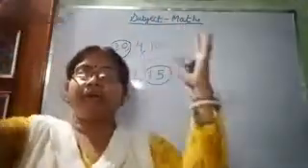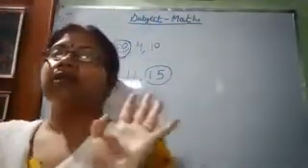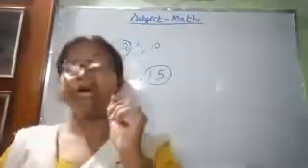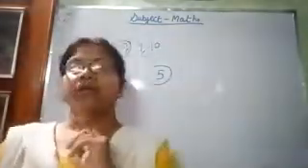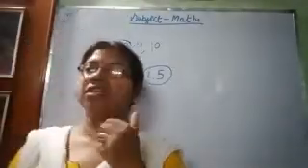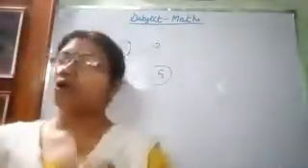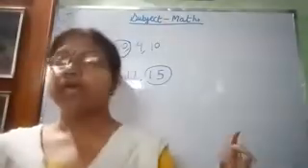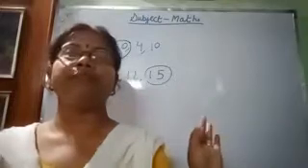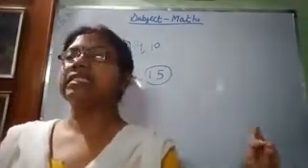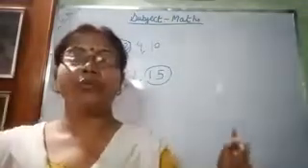One thing also remember, 100 has 2 zeros and 10 has only 1 zero. So if you know forward counting very well, you can find the bigger and smaller number very easily.